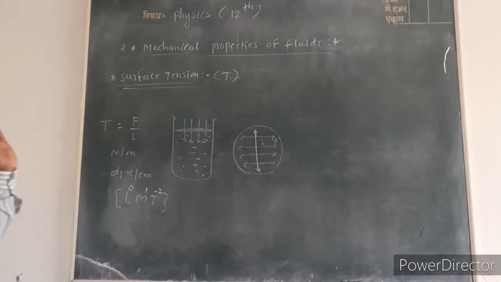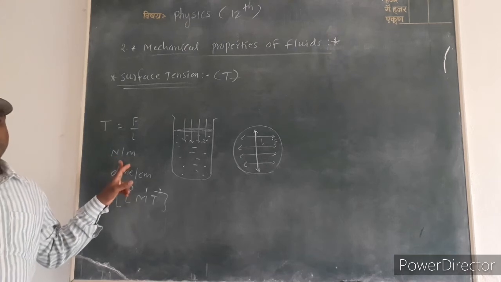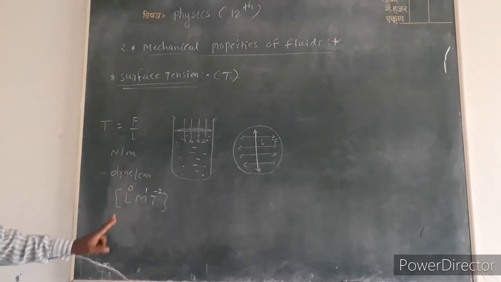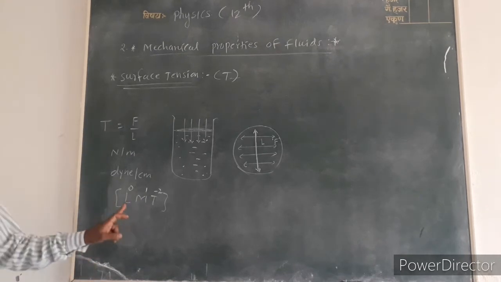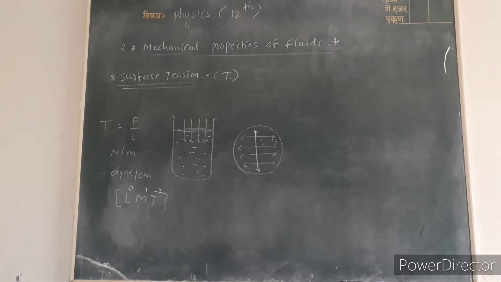The formula is T equal to F upon L, SI unit Newton per meter, CGS unit dyne per centimeter, and dimensional formula M1 L0 T minus 2. This is about surface tension.